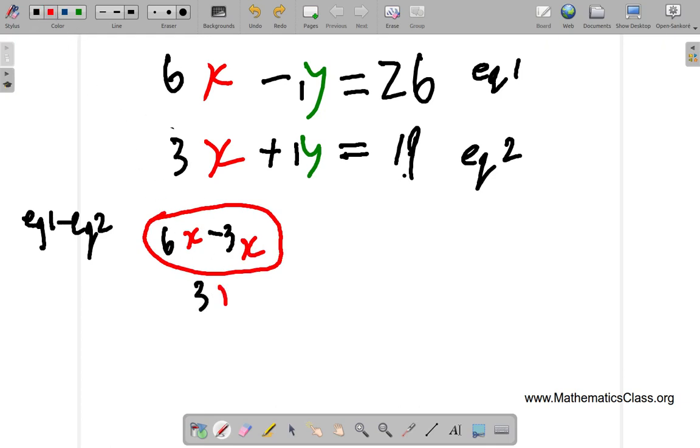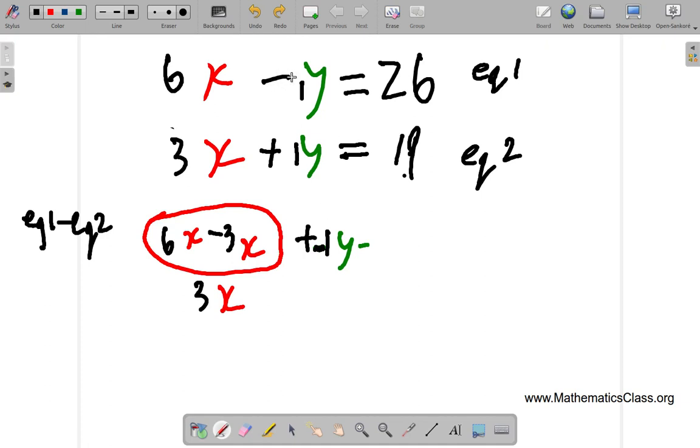Alright. Then, for the y's, let's put a plus here and see what happens. Up here is 1y. Remember, we're subtracting. Oh, it's negative 1y because it's a minus 1. It's not a 1y, it's negative 1y.